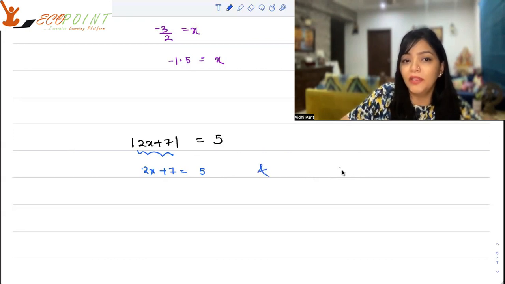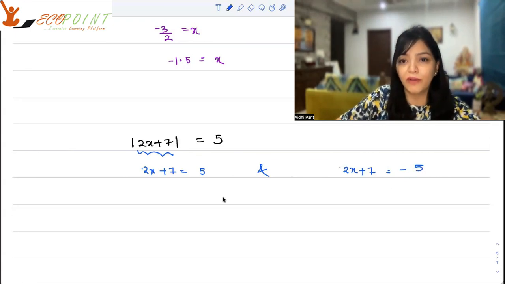So it's happening when 2x plus 7 is equal to 5, and it is also happening when 2x plus 7 is equal to minus 5, then also the absolute value is 5.